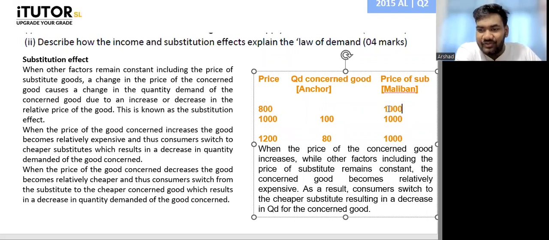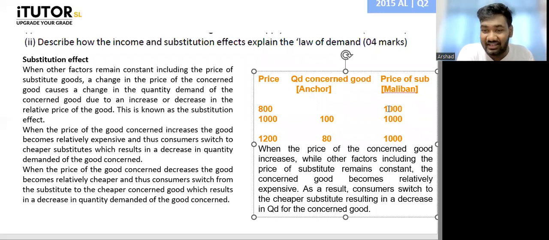When the price of your good decreases, what happens? Your good becomes relatively what? That word has to be there. When the price of your good decreases while all other factors, including the price of the substitute, are constant, the concerned good becomes relatively cheaper.